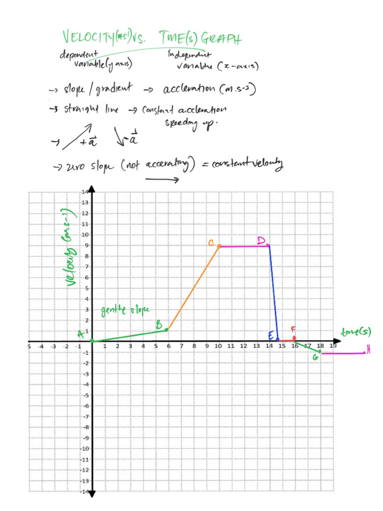Right, so from A to B, I've got this gentle slope. So I know that what that means is I've got acceleration, because remember, that's what this graph is telling me. So it accelerates slowly. Right, then from B to C here, can you see that there's a gradual slope.